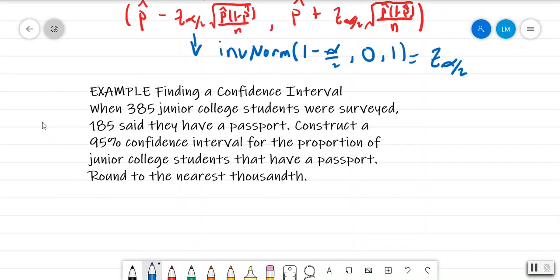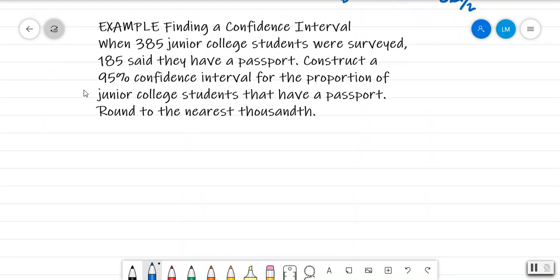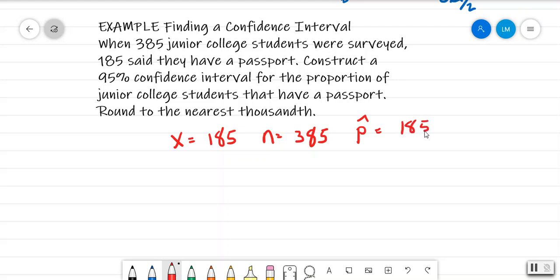Okay, so looking at this example, we have a few things. We have that x is equal to 185 and n is equal to 385. So what that means is that p hat is equal to 185 divided by 385.